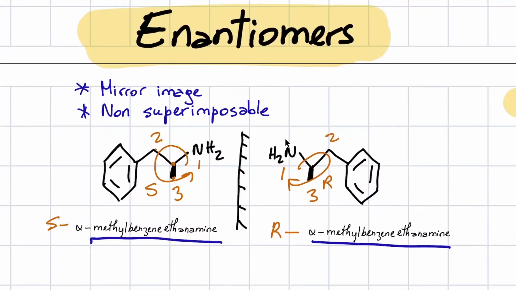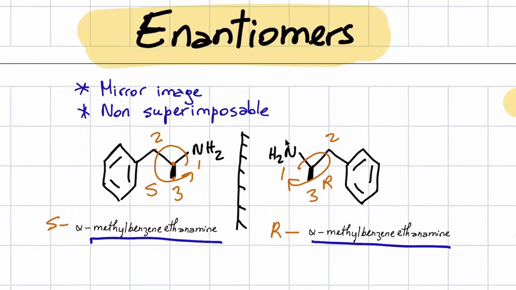For example, in this case here, after determining the configuration for this compound, I found that this center is an S one. Then I determined the configuration for the other chiral center, and I saw it was R. And indeed, they are perfect opposites. That's how I knew that I'm dealing with enantiomers.